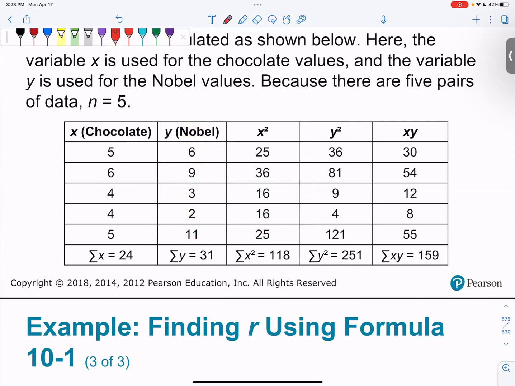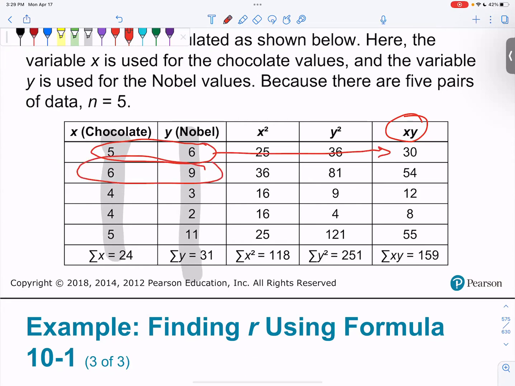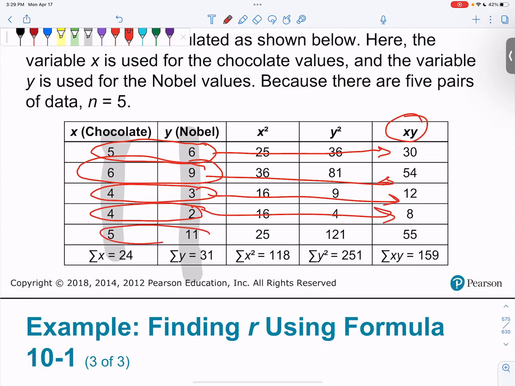And then the next step, which is X times Y, which is this one times this one. So the first one, 5 times 6 equal to 30, 9 times 6 equal to 54, 12, 8, and 55, okay?